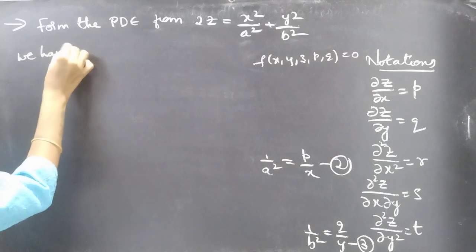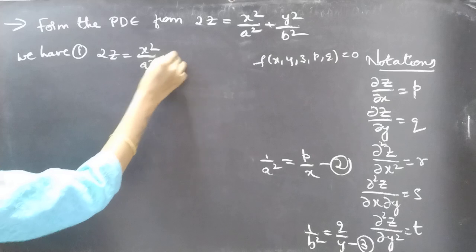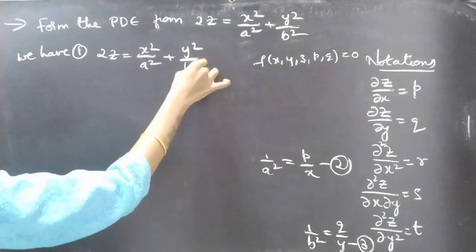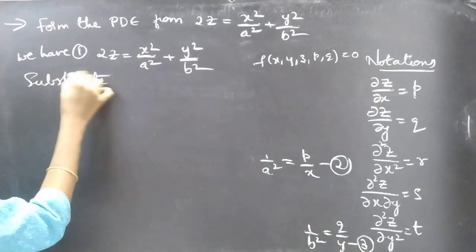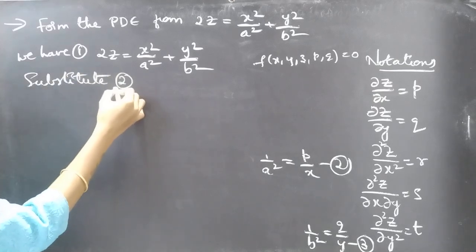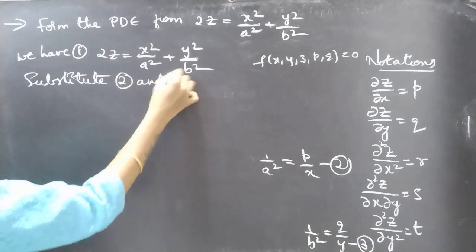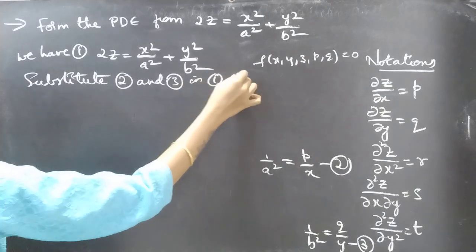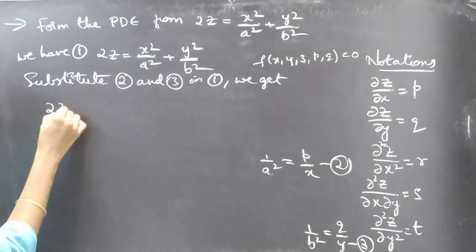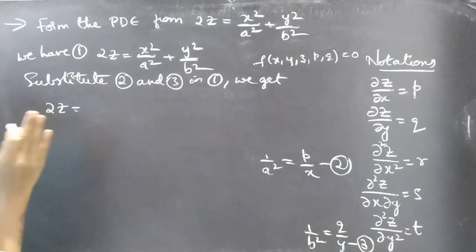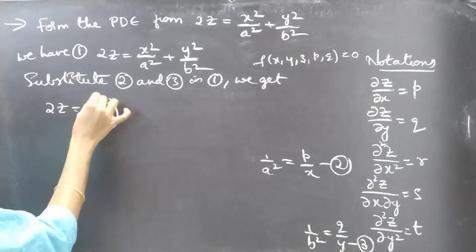We have 2z equal to x square by a square plus y square by b square. Now substitute 2 and 3 in 1, we get 2z equal to, we can write equation 1 as 1 by a square into x square.